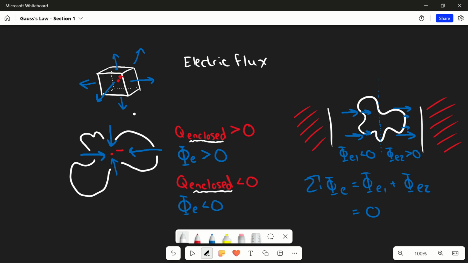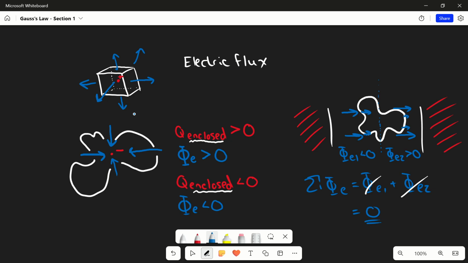Meaning that overall, we're left with 0 total flux. If we have no enclosed charge, then we have no electric flux. The only charge that matters is the one that's enclosed inside here. All right?